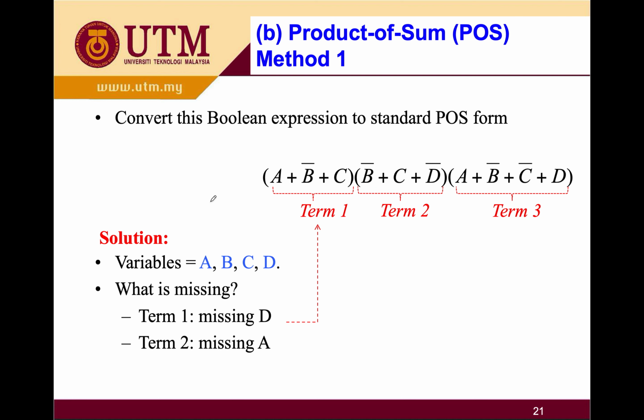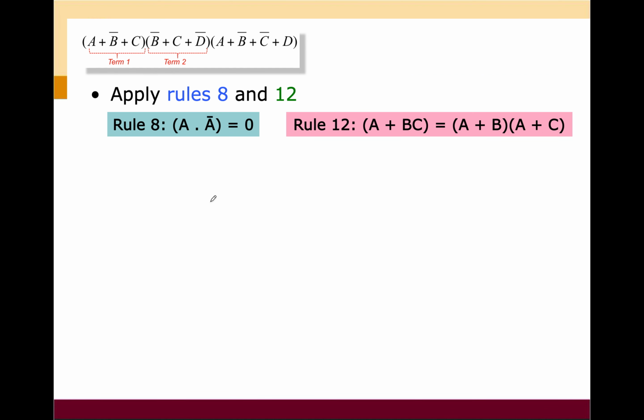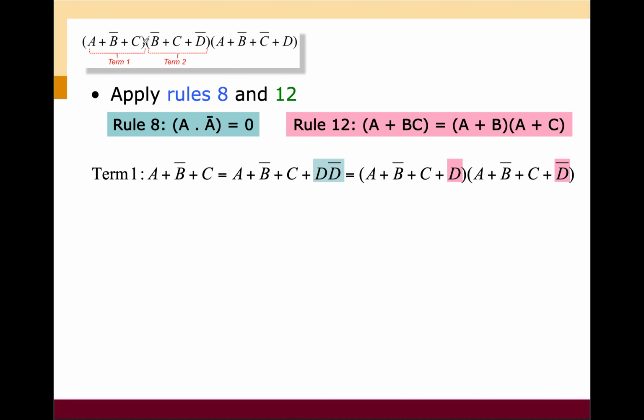So you will do A plus B bar plus C, and you add D dot D bar, because you're missing D, right?